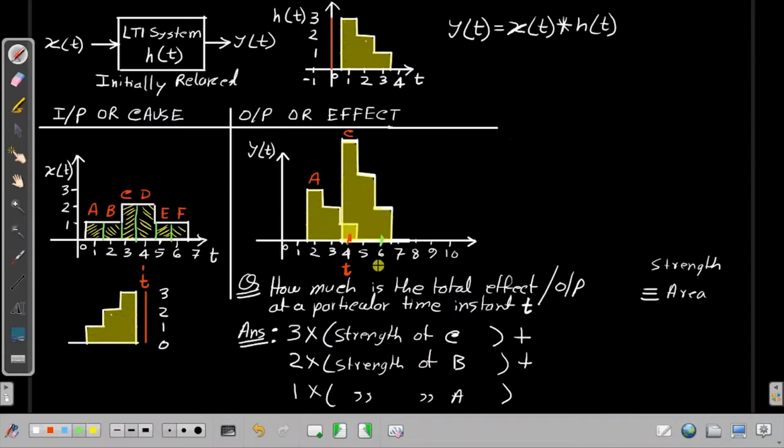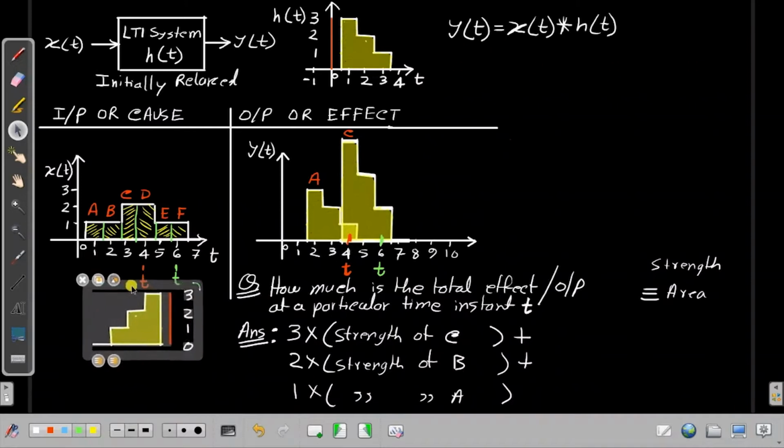Suppose now this is the time instant where I want to calculate the total effect. So that point is here, and to calculate the total effect at this point, all I have to do is to move this pattern here directly below the point of interest.